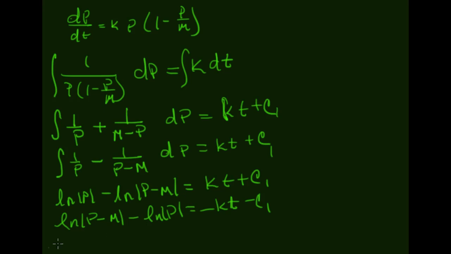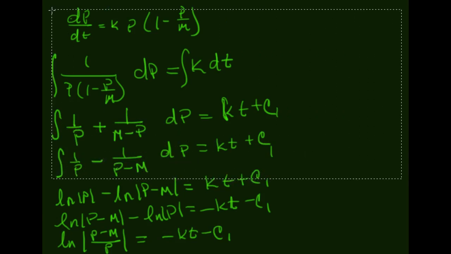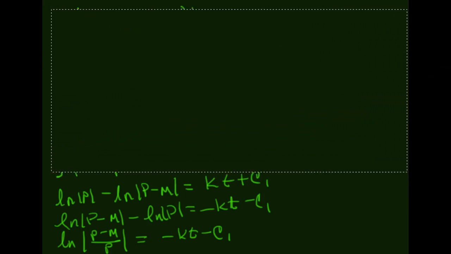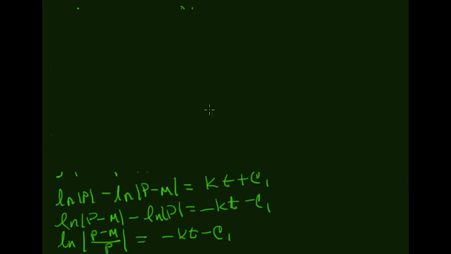So that makes this the natural log of p minus m over p equal to negative kt minus c1. There's some little mathematical trickery going on there, but so far we have not broken any rules, and we're going to get to a good formulaic solution here.